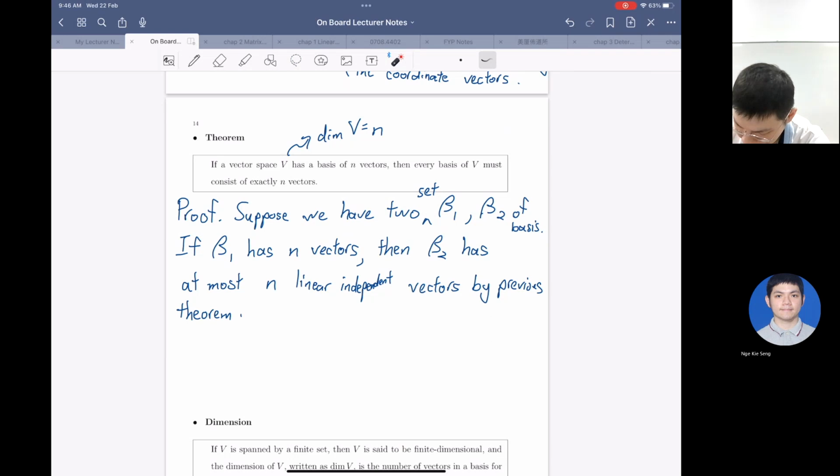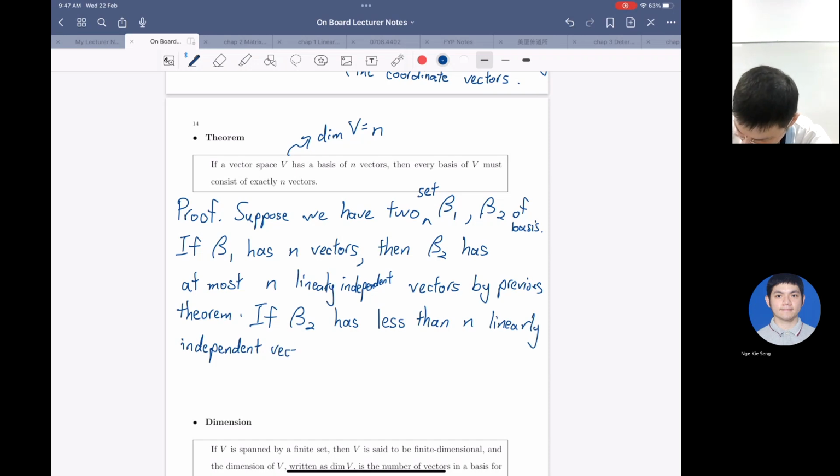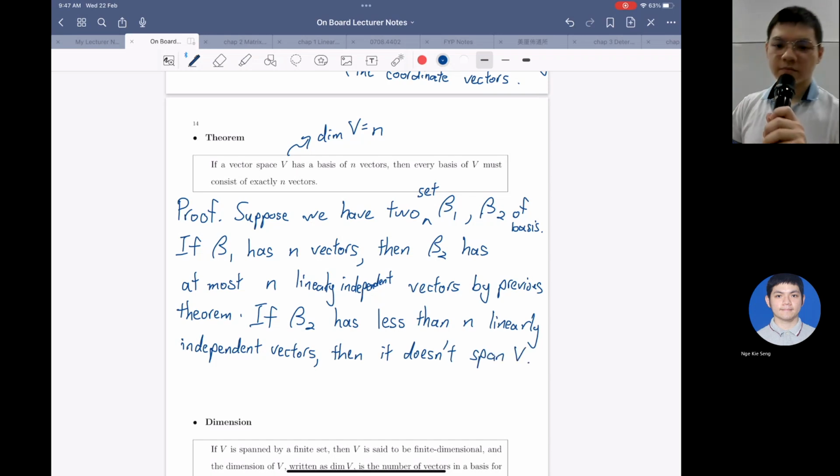If B2 has less than n linearly independent vectors, then it doesn't span V. So why is this true?